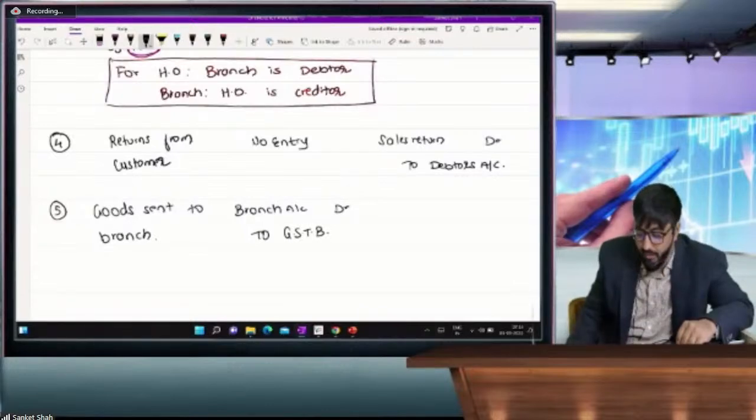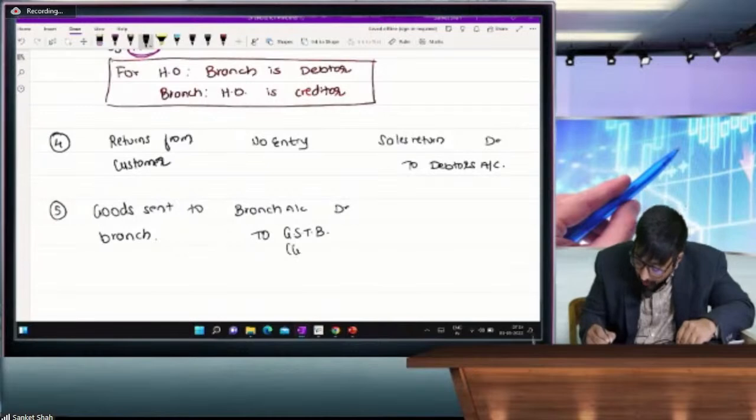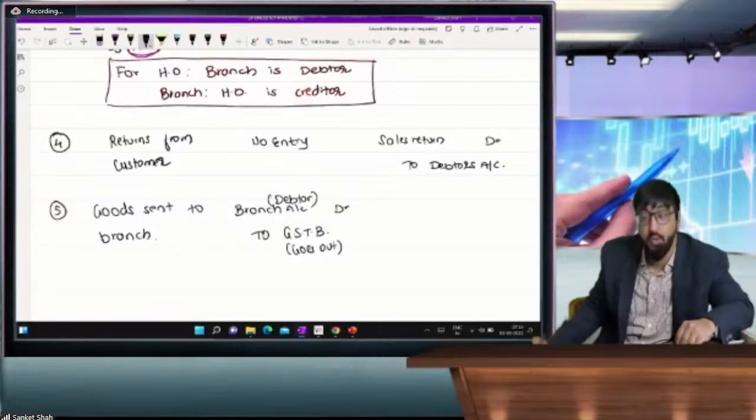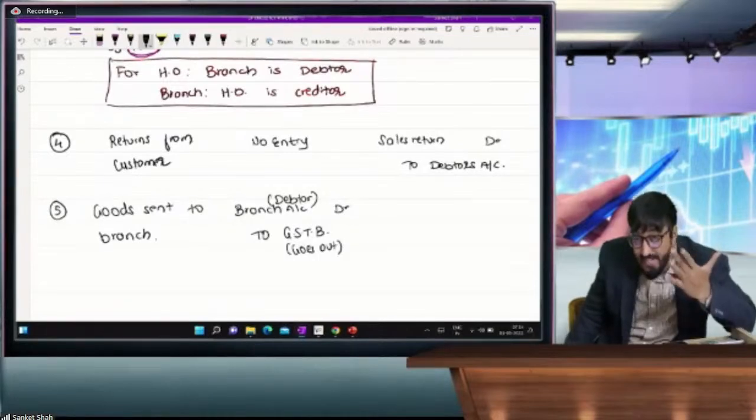Here goods go out, and branch is a debtor because we will collect it afterwards. Money will come from the branch, receivable.